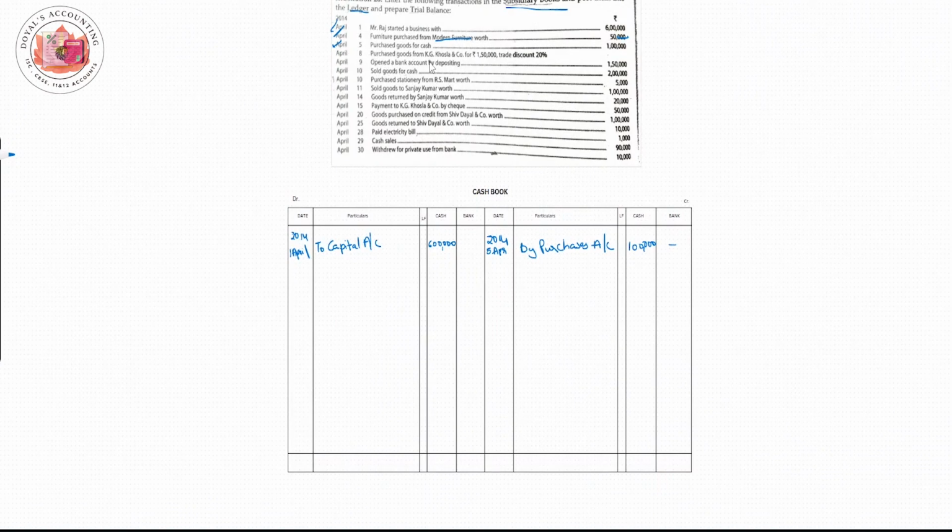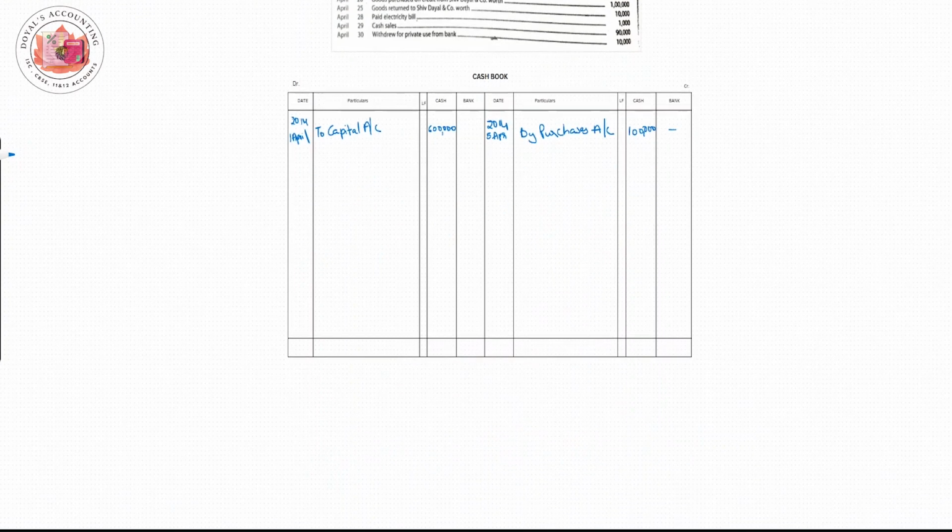Okay, now my next transaction is we have purchased goods from KG Khosla and Co for 1,50,000 at a trade discount of 20%. Okay, so this is a credit purchase and it is a purchase of goods that we trade in. So this will be recorded in our purchases book. 8th April.